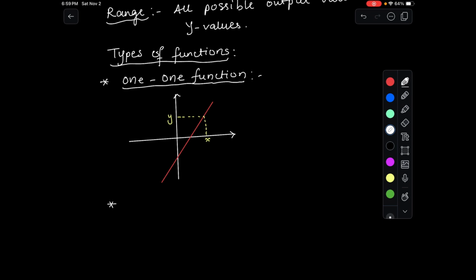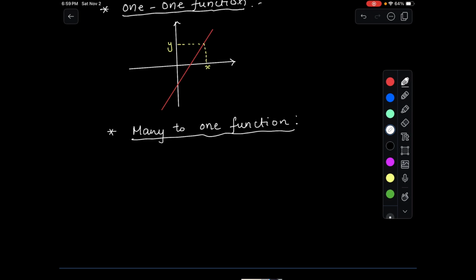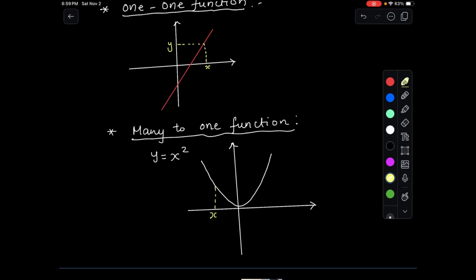Then we could have a many-to-one function. For example, if we're having y equal to x squared. Okay, so the graph would look like this, it will pass through the origin.